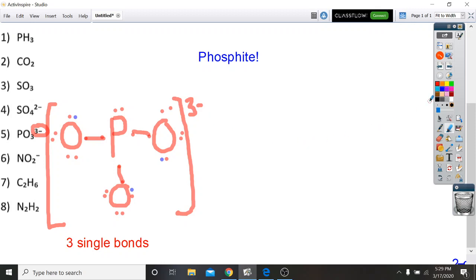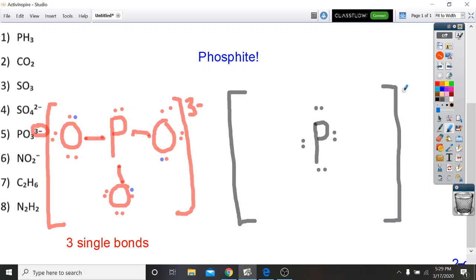Let's do it the other way. The other way would be I already add those 3 electrons to my P atom, which starts with 5, but now I put the 3 here. And you guessed it, what I can do now instead is just make 3 coordinate bonds. Good job.